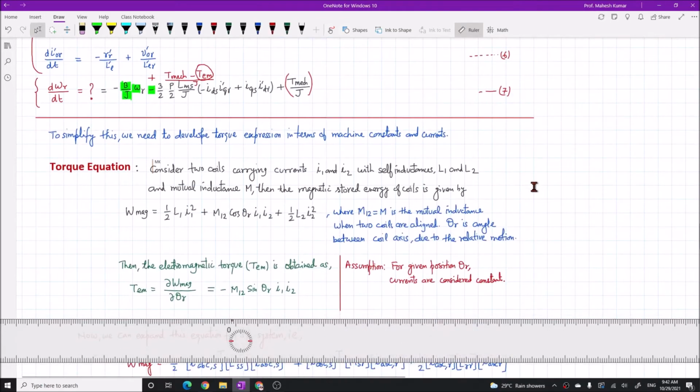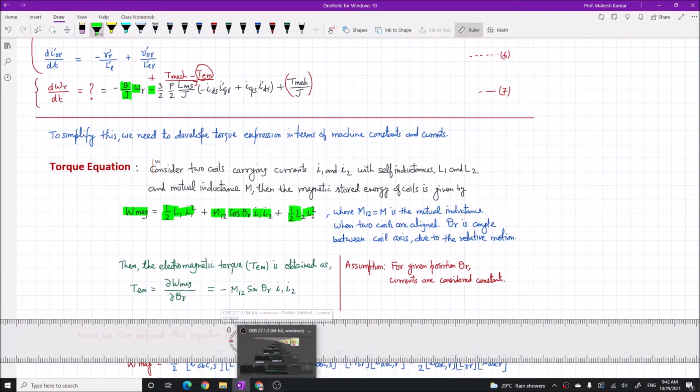I think you will be remembering this from your machine study, that if there are 2 coils carrying the currents I1 and I2, then the stored magnetic energy in these coils can be given as W magnetic equals half L1 I1 square plus half L2 I2 square plus mutual inductance M12 and the angle between the coil axis, cos theta r, into I1 I2.